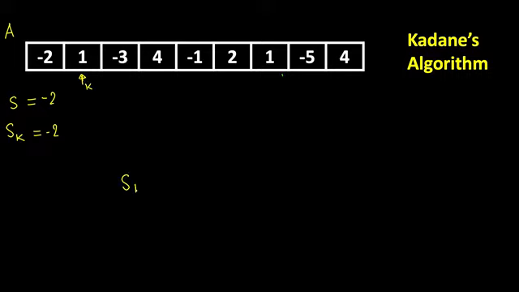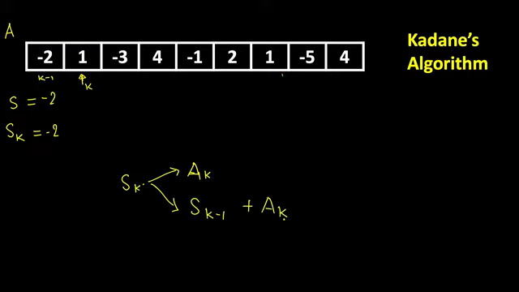Then SK, the best solution ending at the current index, can be just AK, or we can add the best subarray ending at the previous index, that is K minus 1, plus AK.